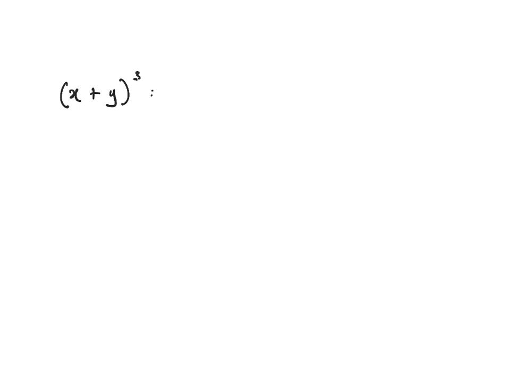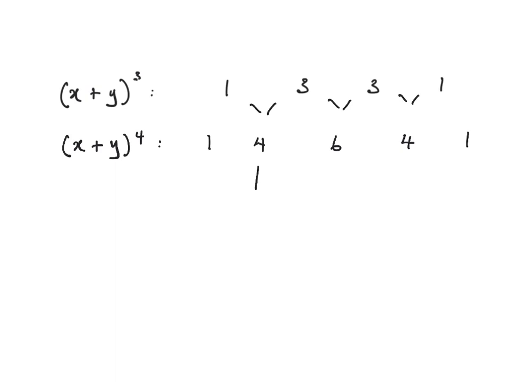So the binomial coefficients for x plus y cubed are 1, 3, 3 and 1. And for x plus y to the power of 4, we have 1. Now remember what I said, we can find the second number by adding those two, and the next term by adding those two, the next term by adding those two, and then there'll be a 1 at the end. Now, this here is 4 choose 1.